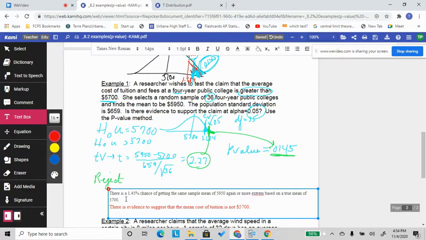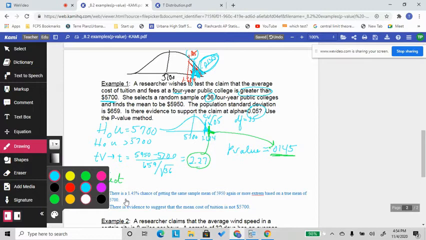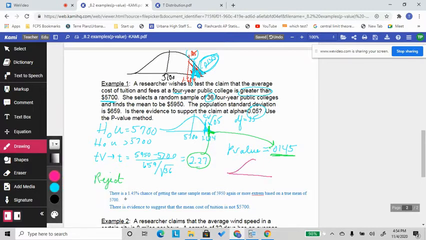So what it's really saying is if you have a curve and you have a Ho set at 5,700 and you got 5,950, which is what we got, that is its tail area.